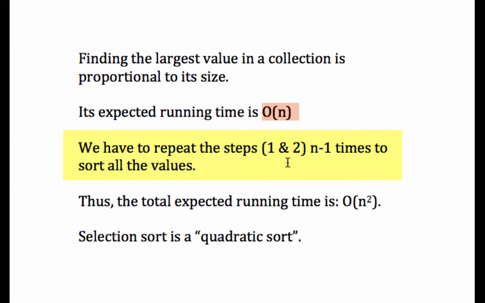So we need to apply this series of steps n-1 times to be able to sort all the values. So we have something that takes place n-1 times and something that takes place in n time, or is proportional to n. Therefore, the expected running time for this algorithm is n squared. This is why selection sort is known as a quadratic sort, because the expected running time of this algorithm is proportional to n to the power of 2, n squared.